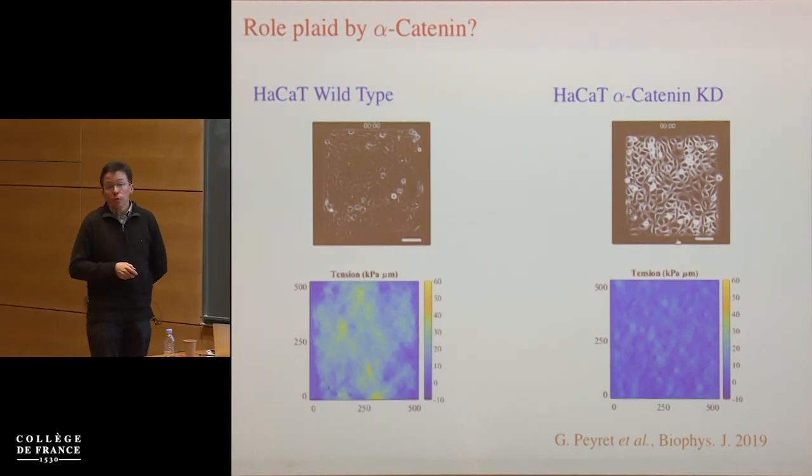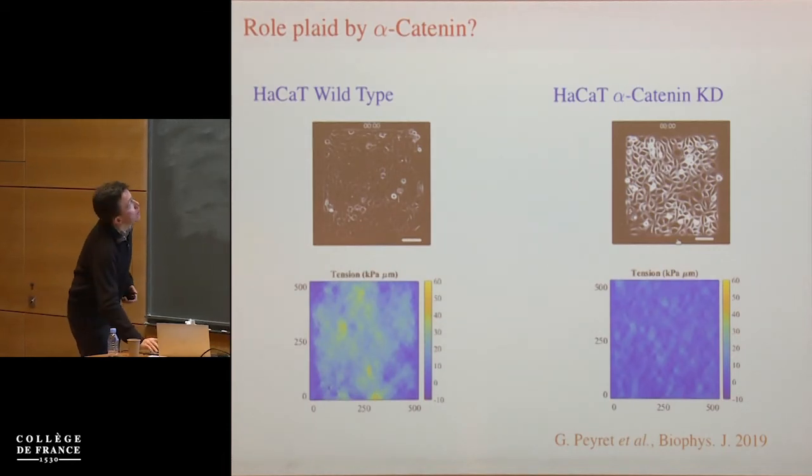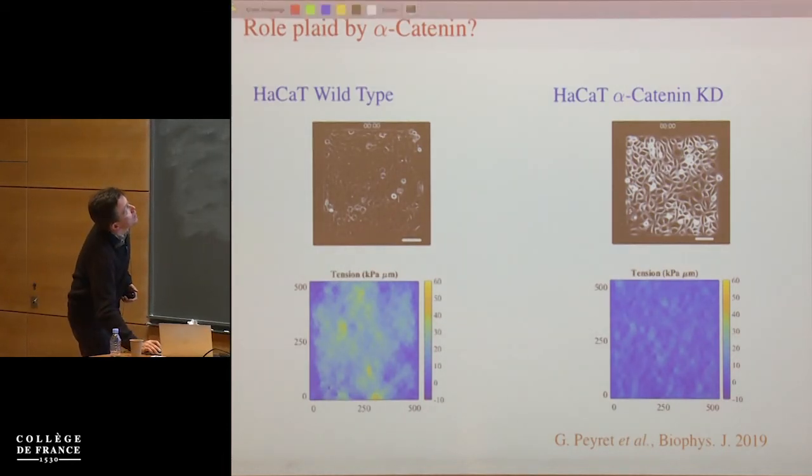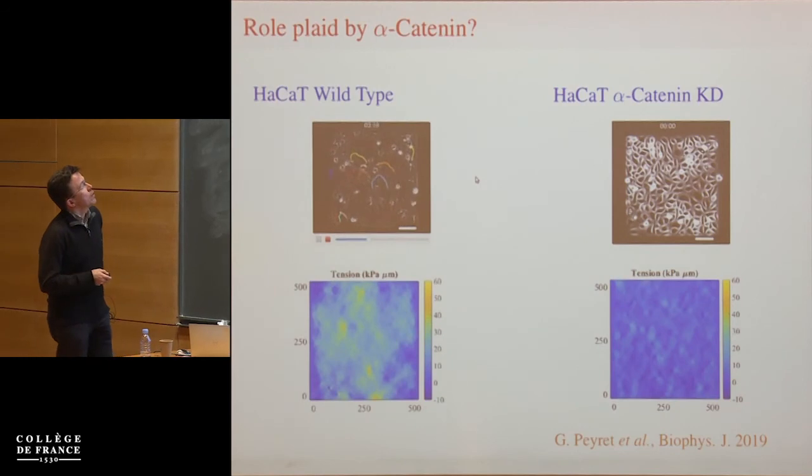So another way to obtain the same kind of effect is to knock down alpha-catenin in the cells that constitute the cell monolayers. So on the left is the wild-type case that you already saw. So I think it's the same movie.